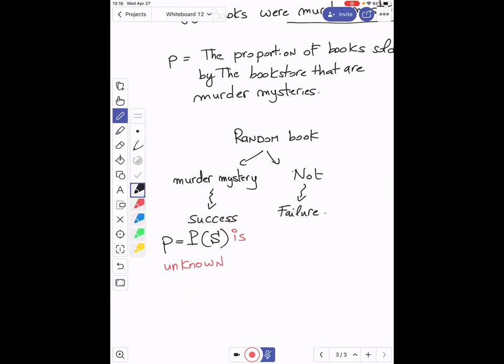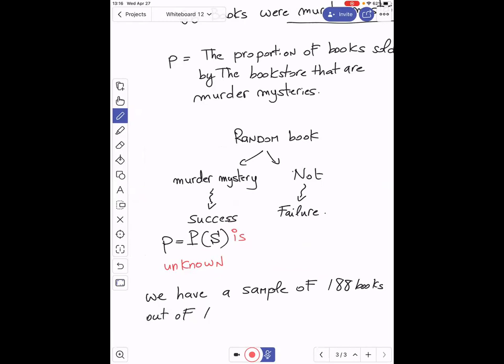However, we have this sample of 188 books, and out of the 188, how many successes? Success is when the book is a murder mystery.